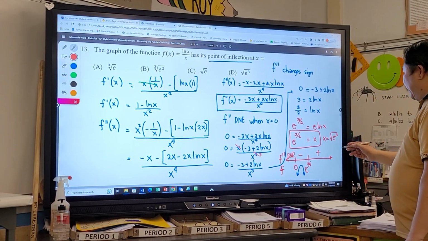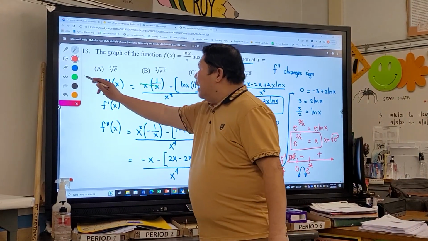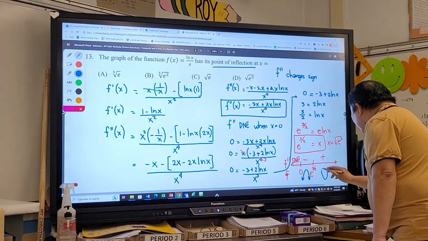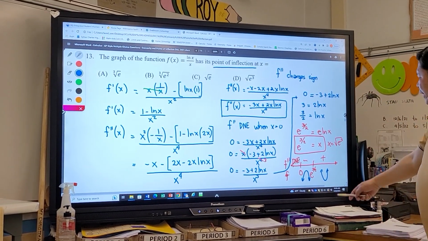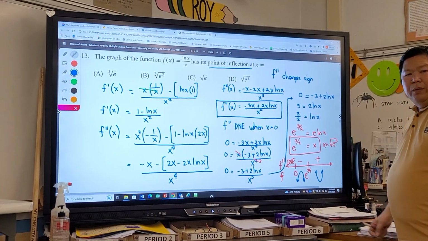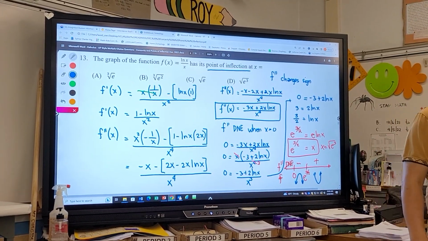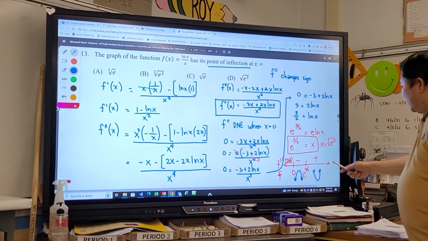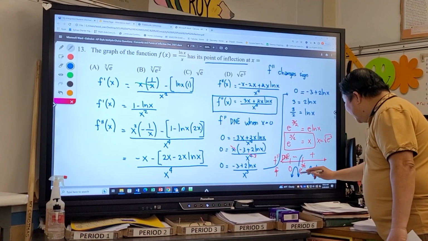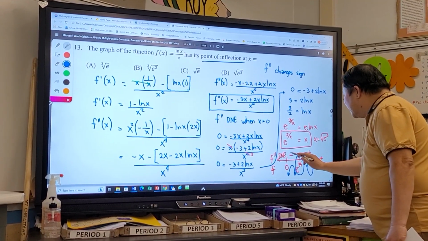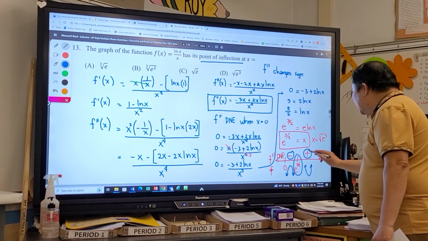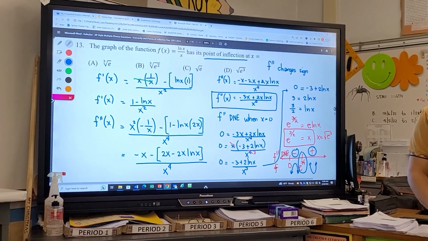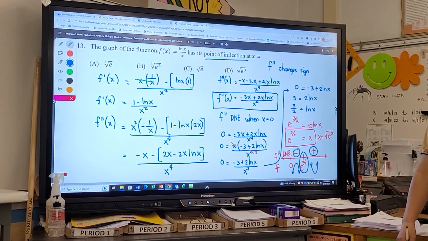That means it's going to be going up. Concavity is up. So the sign changes right here at e to the power of 3/2, or particularly the square root of e to the power of 3. So this is the point of inflection where the sign changes from negative to positive. Any questions, guys? Okay.